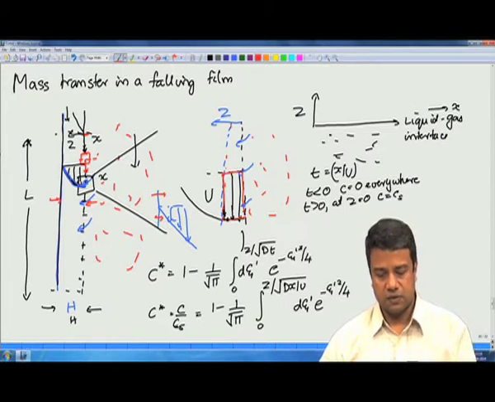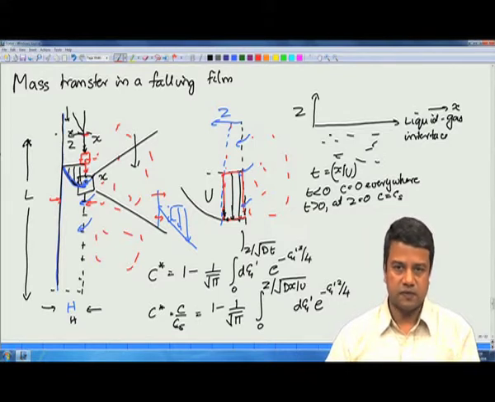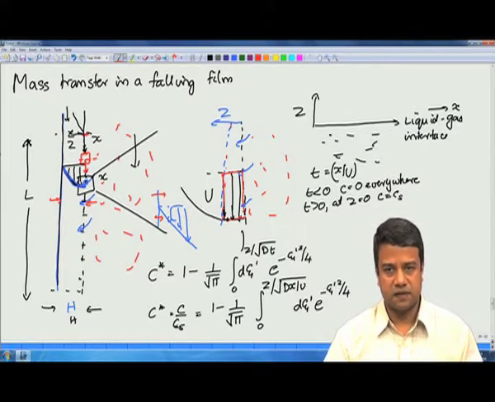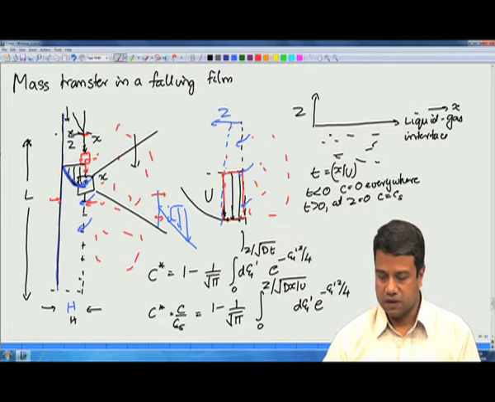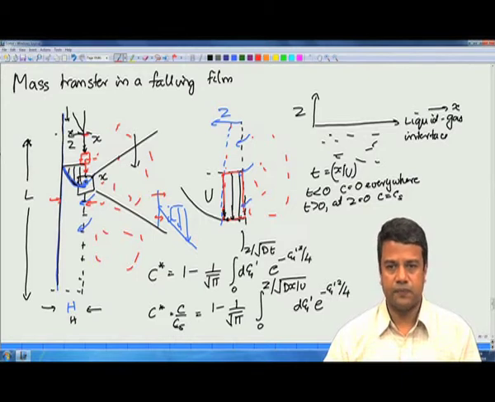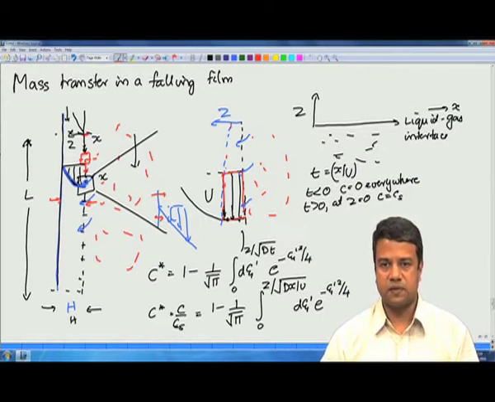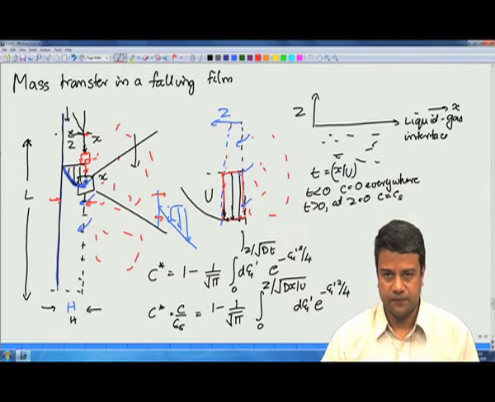The assumptions are that close to the surface there is transport of mass, and the penetration depth of the mass into the film is much smaller than the thickness of the film, so that the film can be considered to be an infinite film. Also close to the surface, since we have a zero shear stress boundary condition, the velocity gradient is 0. Therefore, the velocity close to the surface is approximately a constant, because the slope is 0. Therefore, I can consider this to be a fluid that is moving at a constant velocity.